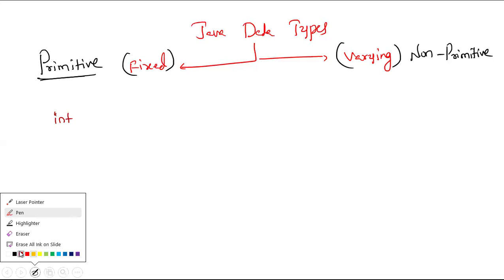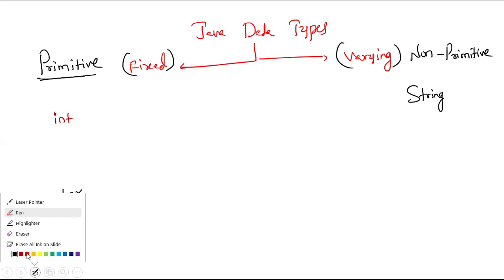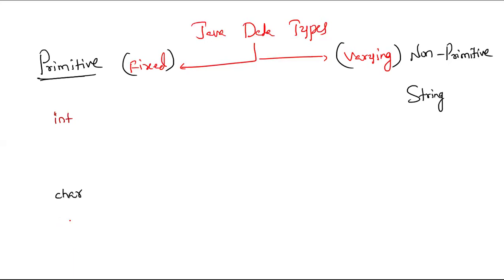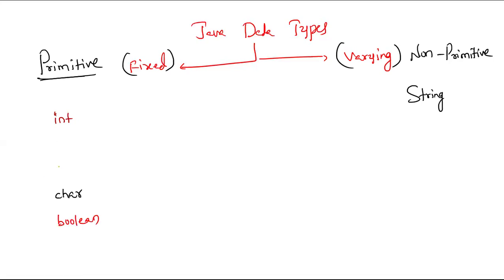So I'm writing char. Next, string, yes. It comes under non-primitive, so I'm writing it here. Next, Boolean, exactly. Float, yes. So I'm using boolean. The next somebody said float. I'll be using a different color. Float, yes. Next, I said 8, but we got only 4.